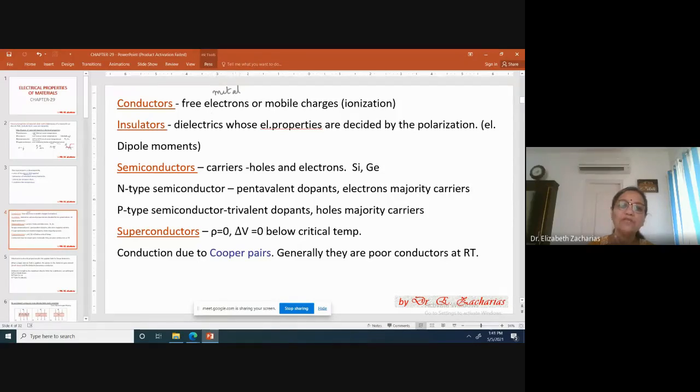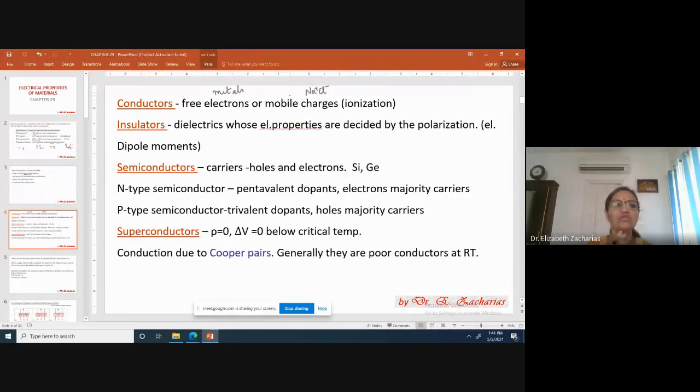But sometimes you must remember that conductors can also be, let's say, electrolytic solutions, like for example Na plus and Cl minus, which is what you're going to find in salt solution. So there, what will conduct is the ions themselves. So if any material is going to have free electrons, or mobile charges which can move, then those classes of materials are conductors.